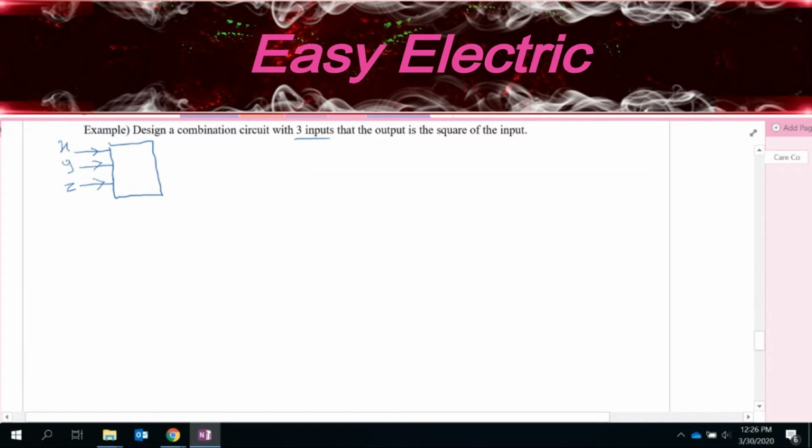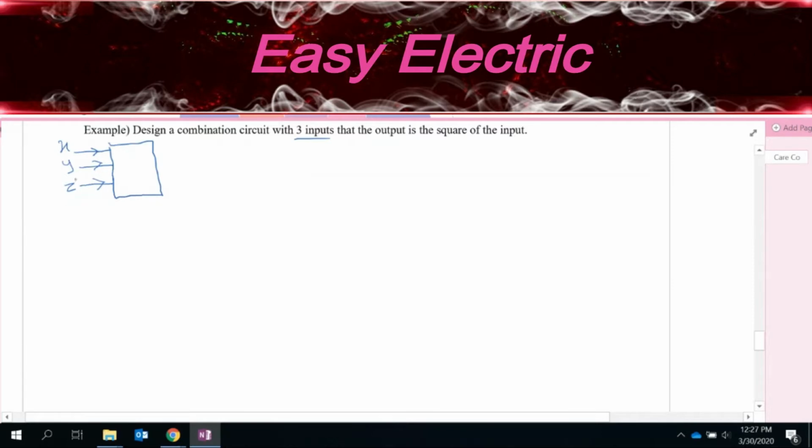So whenever you have 3 inputs, you tell me what's the biggest number you could make with 3 inputs, or 3 bits?